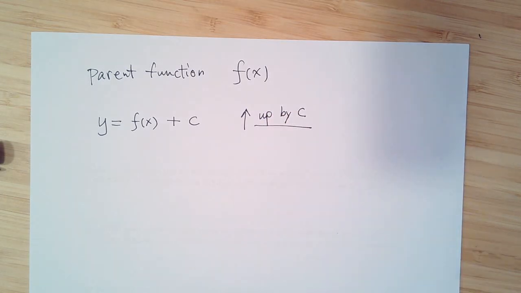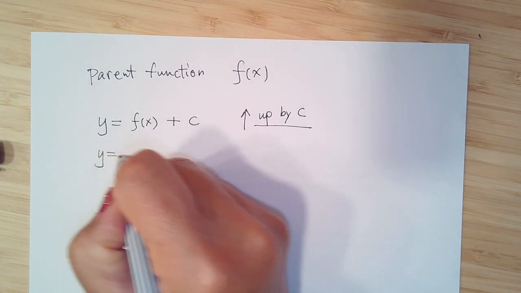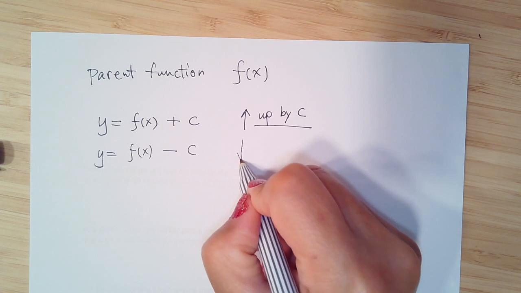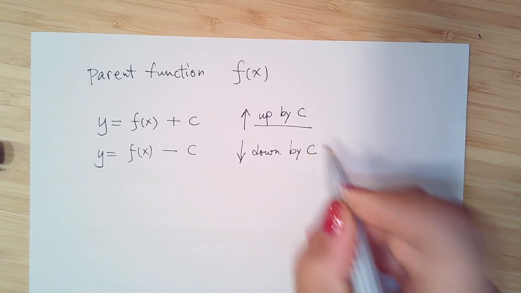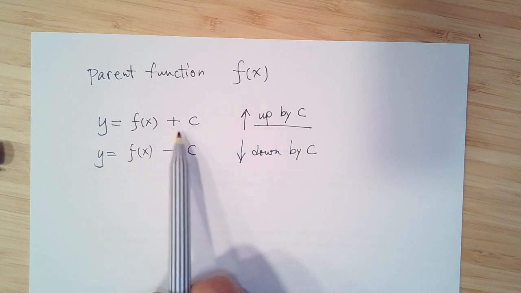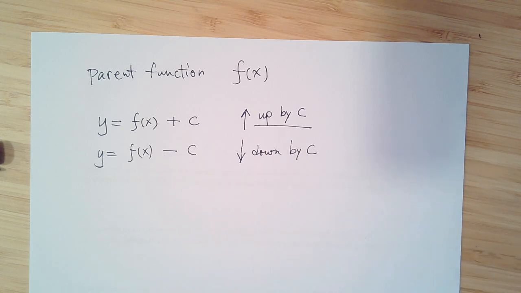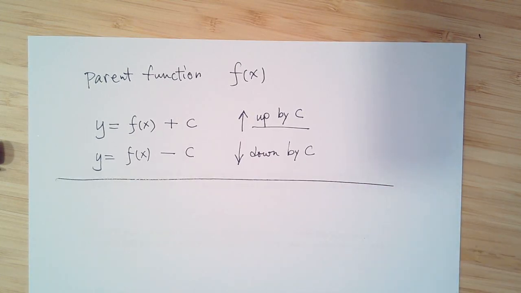And if it's y equals f of x minus c, means you're going to move down by c. Remember, f of x equals x squared. If we plus 5, then we just shift up by 5. If it's minus 1, we just go down by 1, right? So that is called the vertical shift.